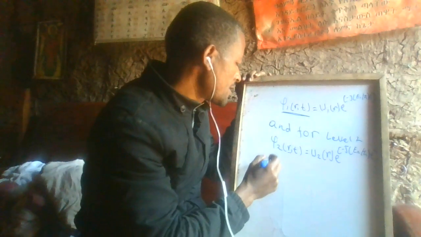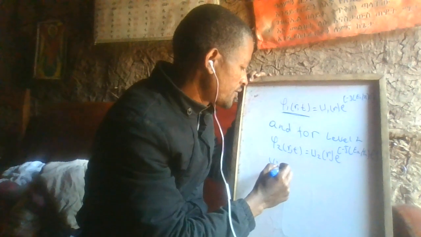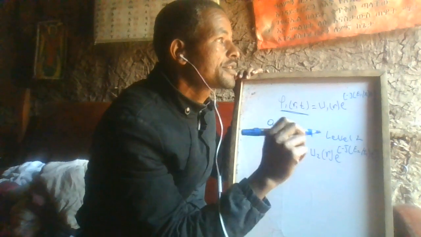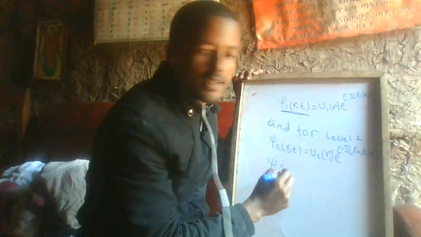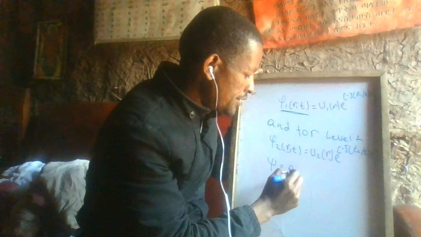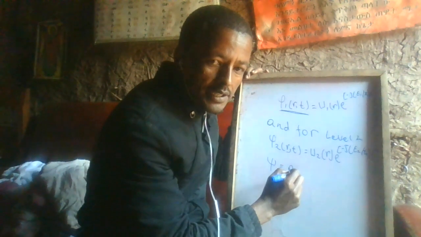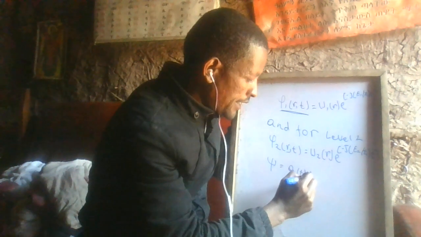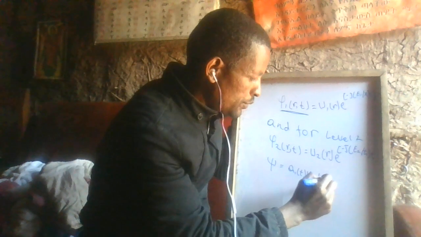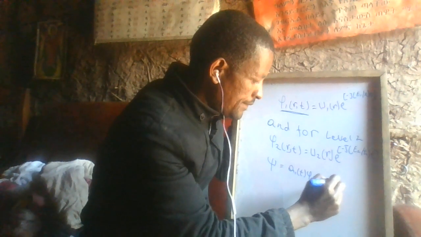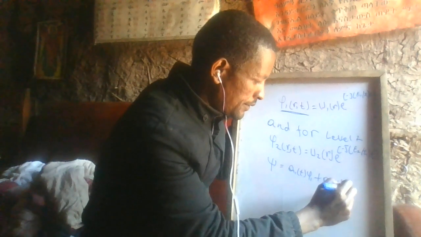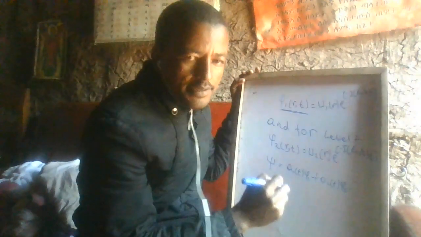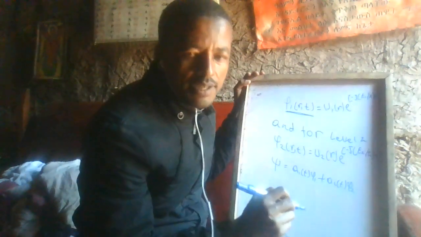That is, psi is equal to A1 of t psi 1 plus A2 of t psi 2, where A1 and A2 are time-dependent complex numbers.